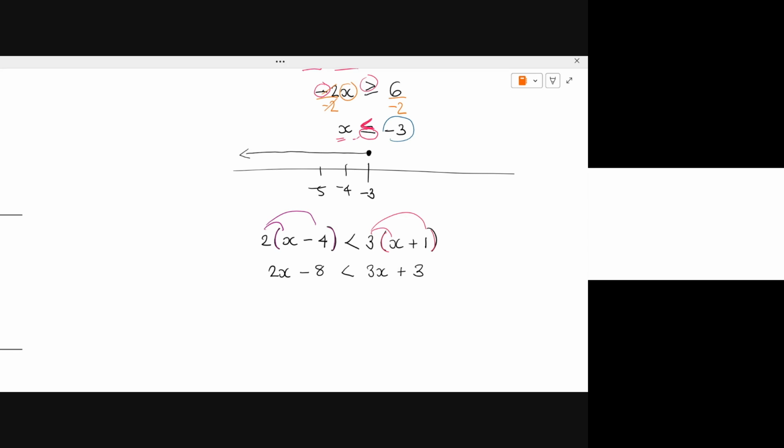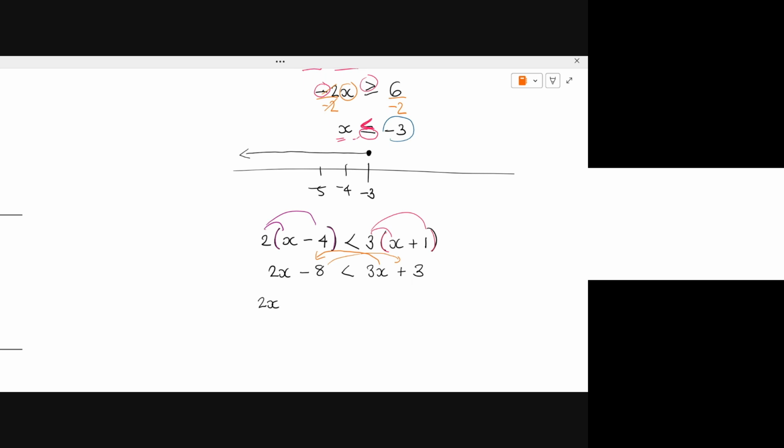Okay, now again, anything with an x goes one side, anything without an x, other side. So I know that 3x must come over to this side, and -8 must go over to that side. 2x is already on the right side, so I'm going to keep it here.